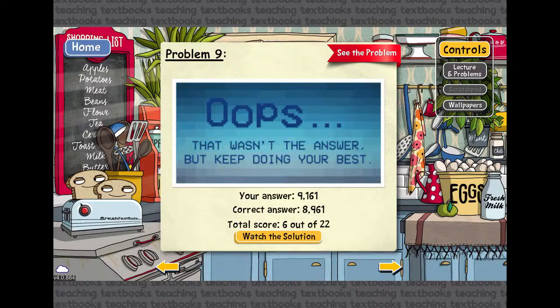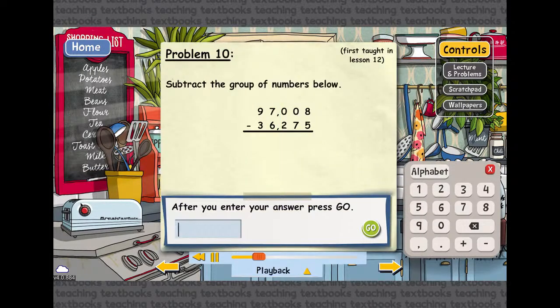Nice try, but that's not it. Problem 10. Subtract this pair of numbers. 97,008 minus 36,275.